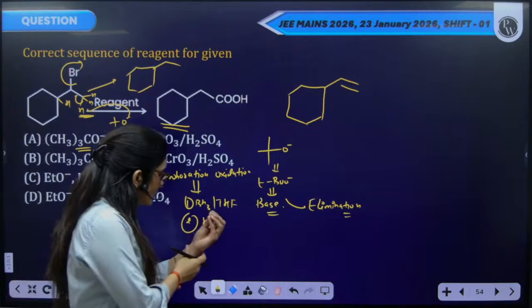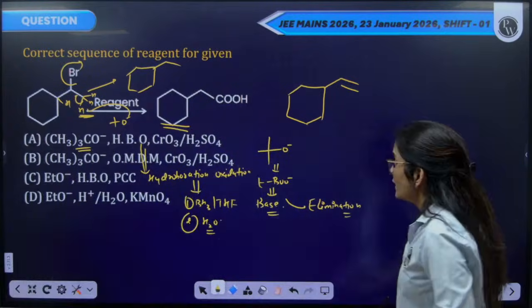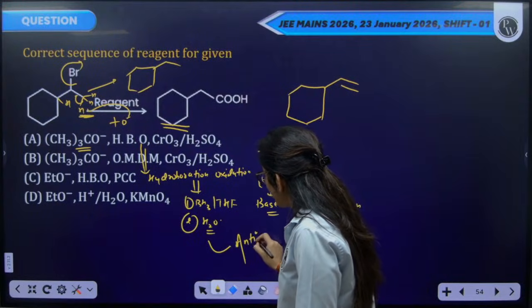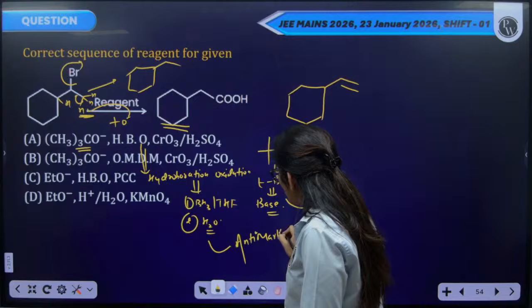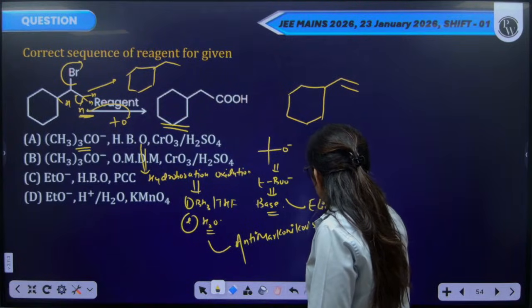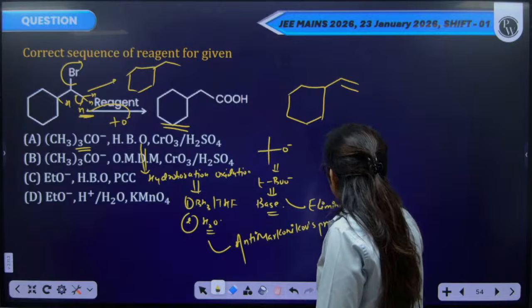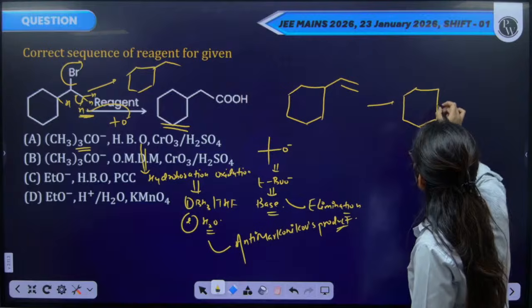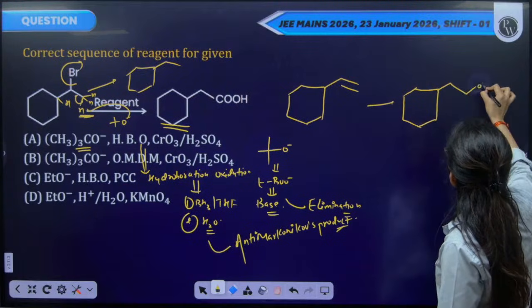It just gives you the anti-Markovnikov's product. So the OH group will be added to the alkene at the anti-Markovnikov's position. Here the OH will be added.